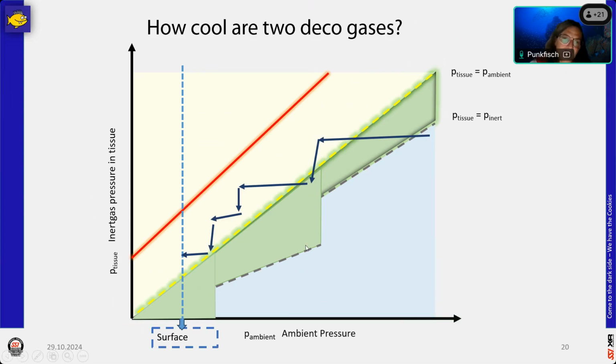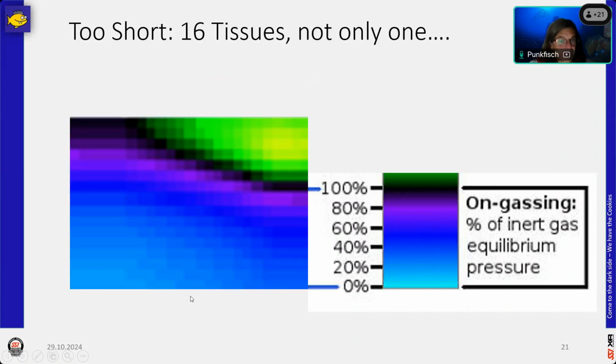With the lower inert gas pressure now, even if we have other tissues that have not been saturated up to this point, but only up to this or this or this, they will not saturate more once the inert gas pressure in our breathing gas is lower, or even if there is only oxygen, there's nothing that can saturate anymore. So this is one of the things we want to have when we want to have hard decompression.